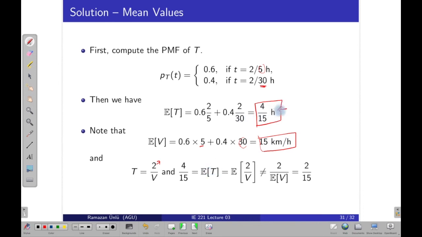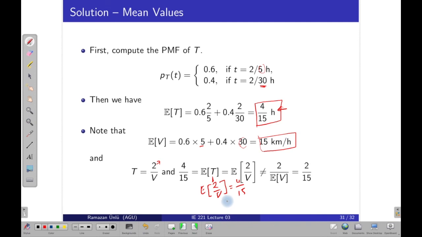So instead of t, if I write 2 over v, the expected value of 2 over v is equal to 4 over 15, right?